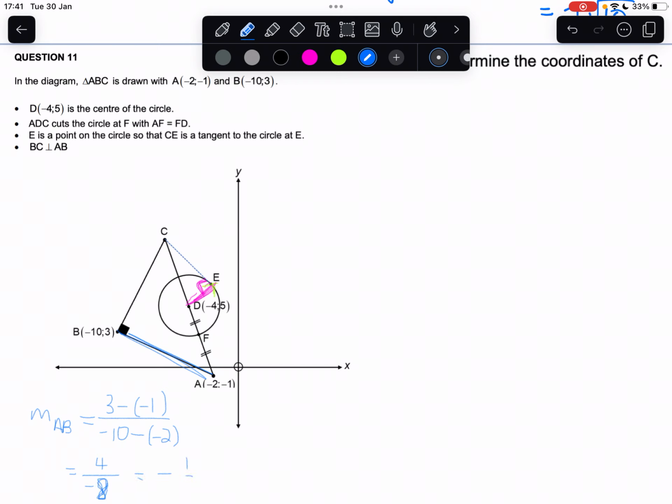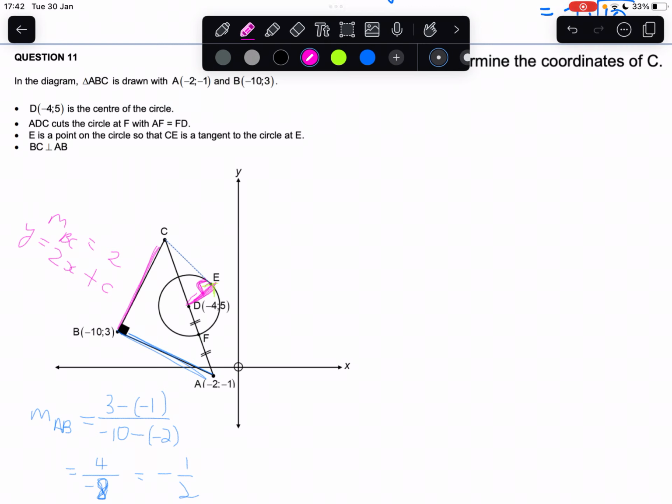So that is negative a half. Then the gradient of this line would be the negated inverse of that, so it would be positive 2. So this line would be y equals 2x plus some constant.